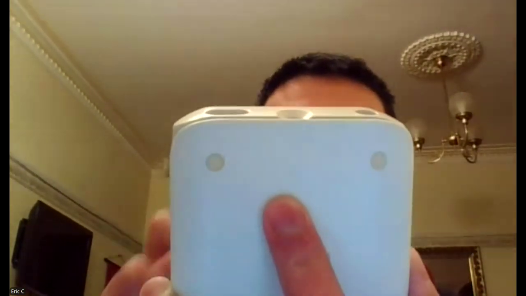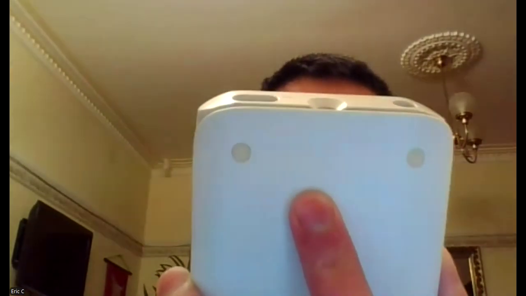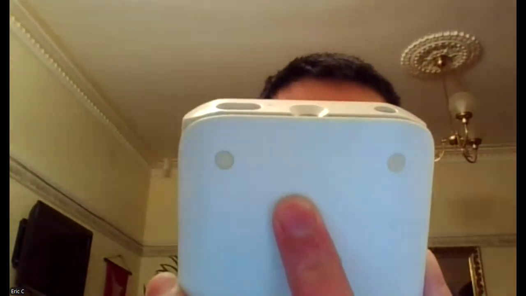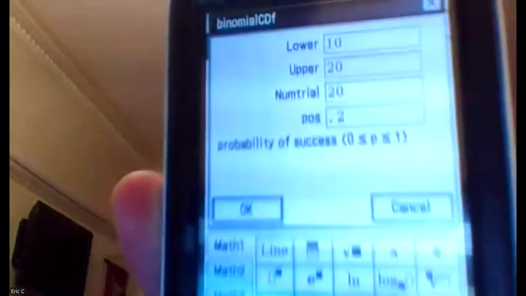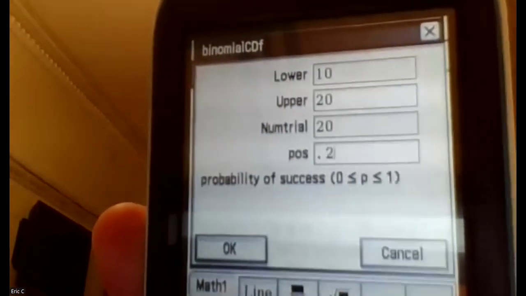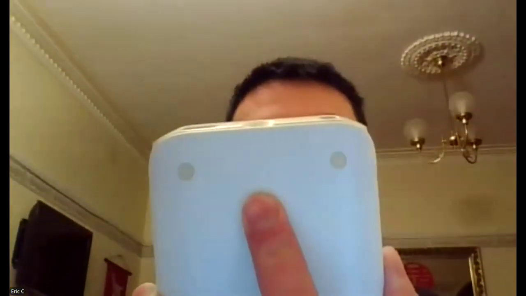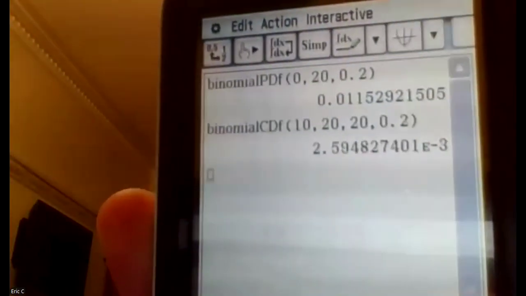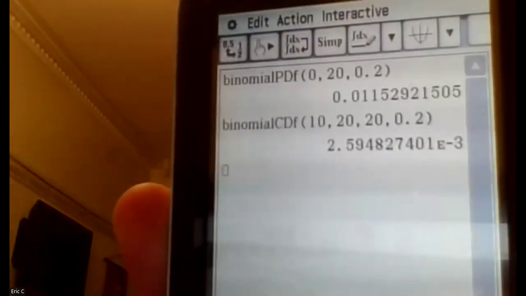Upper bound is 20. Number of trials is 20, and the probability of success is 0.2. Set that up and go OK. So your answer is 2.59 times 10 to the power of -3. That's the probability of 10 or more correct answers.